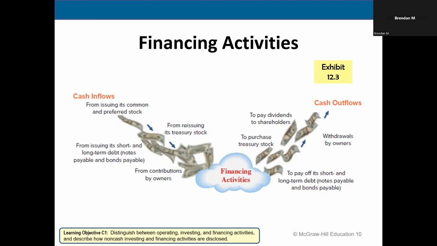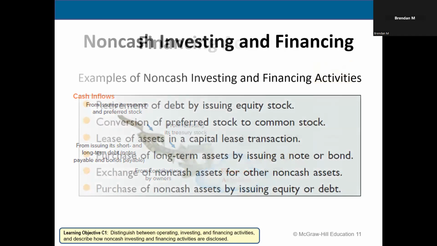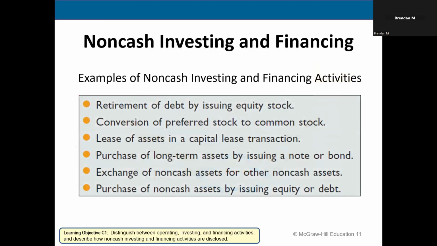Cash inflows, financing. What are the cash outflows? Well, we bought treasury stock. We paid dividends to our shareholders. The owner withdrew money, or we paid off some long-term debt, some notes payable. That is financing. So keep in mind, we got operating, investing, financing. Those are the three blocks of the cash flow statement.